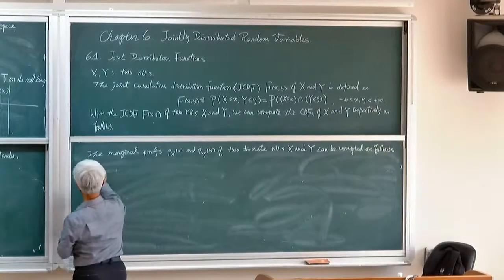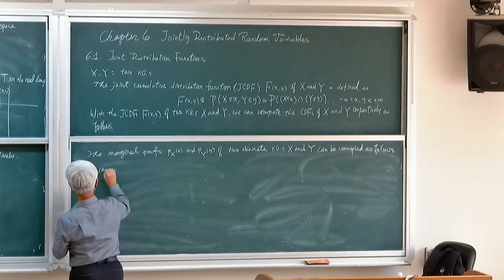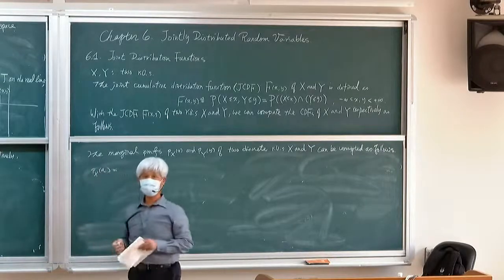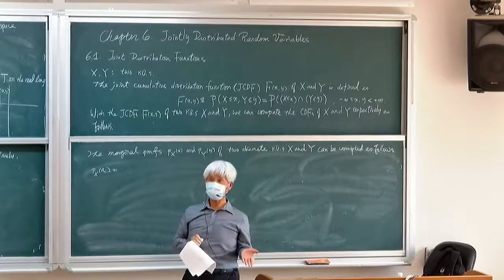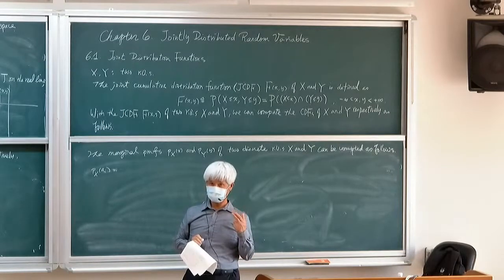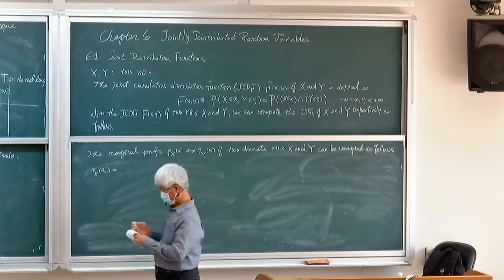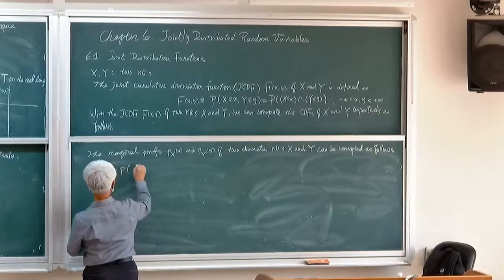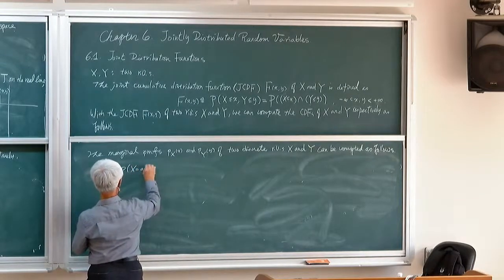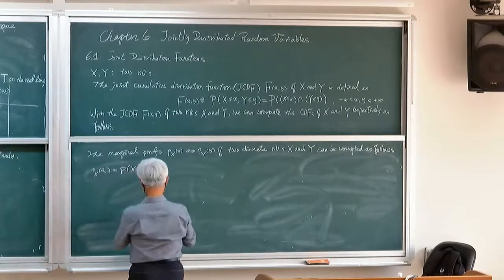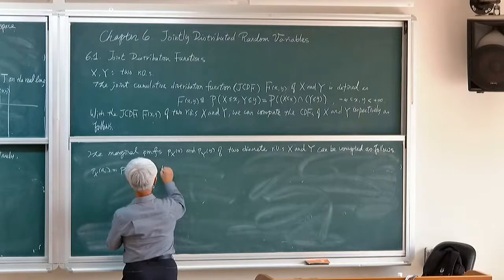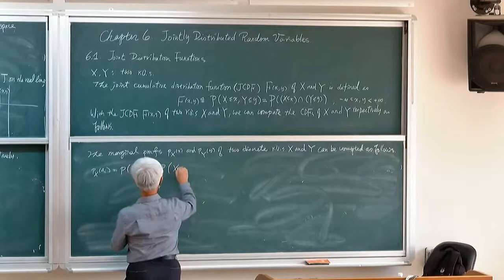First of all, little p_X of a_i, because a_i is one of the possible values of random variable capital X. So this is the probability of X equal to a_i.